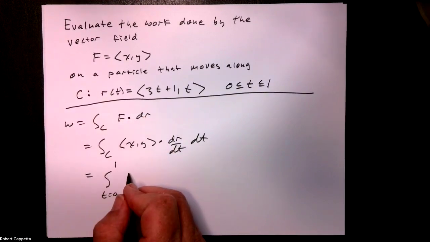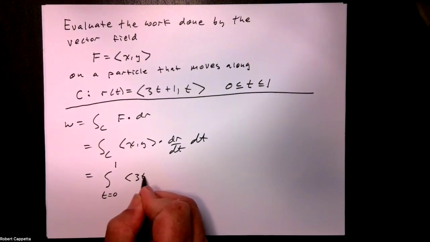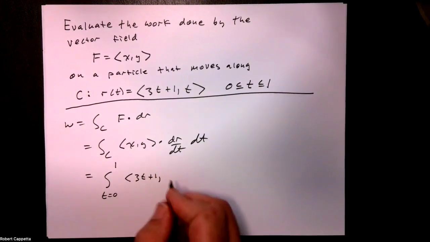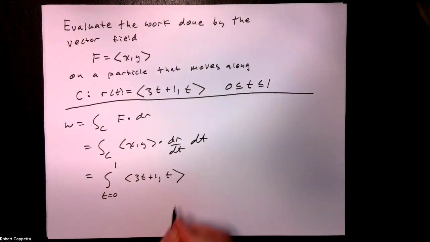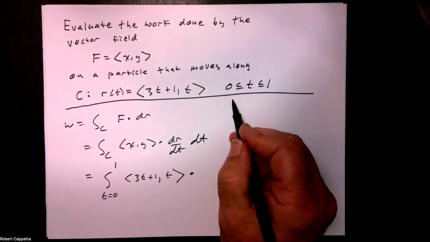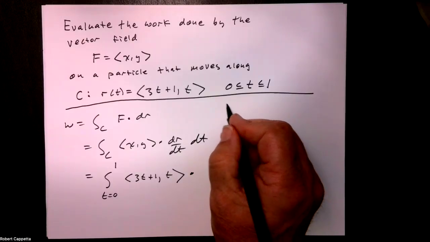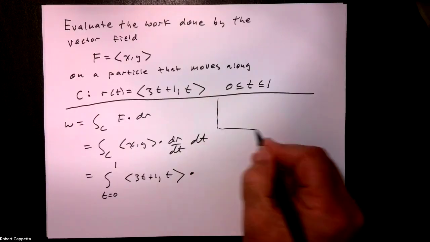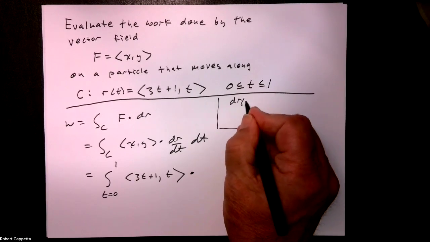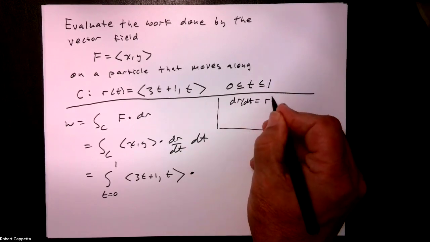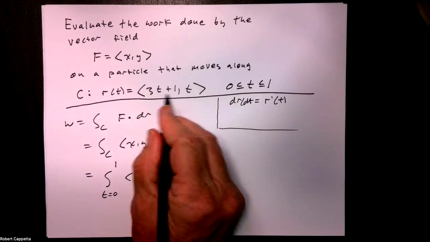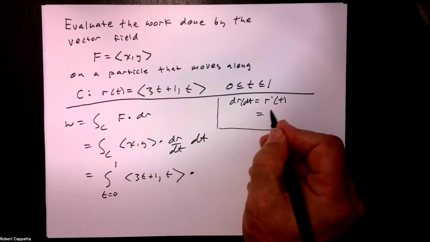The x value is 3t plus 1, comma, the y value is t. What is dr/dt? Well, that, of course, is the derivative. dr/dt is r prime of t, which is what? The derivative, that would be (3, 1).